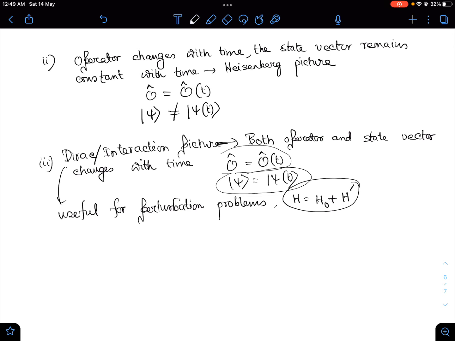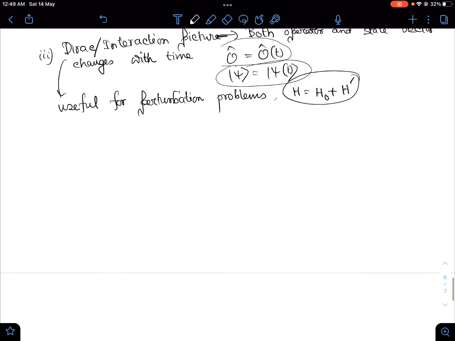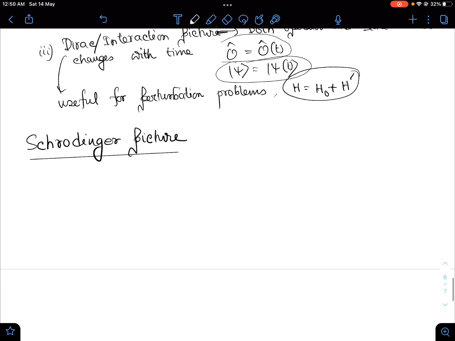We will just briefly discuss the Schrödinger picture and the Heisenberg picture. First, we will discuss the Schrödinger picture. Here the state vector changes with time, and its time dependence is given by the Schrödinger equation.